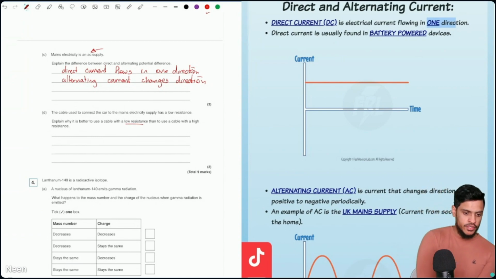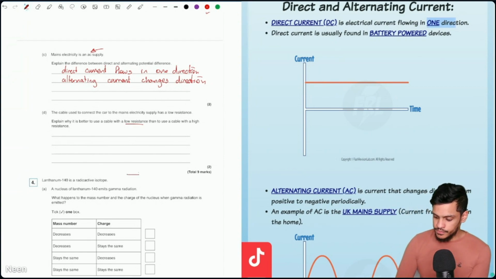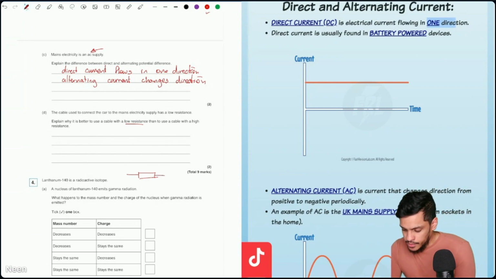So remember what we said. I think this is what you asked, Lucy. What's the whole point of a resistor? It's not asking about a resistor. It's just asking about resistance. Resistance is something that decreases the current in a supply. So you want this to charge a car.